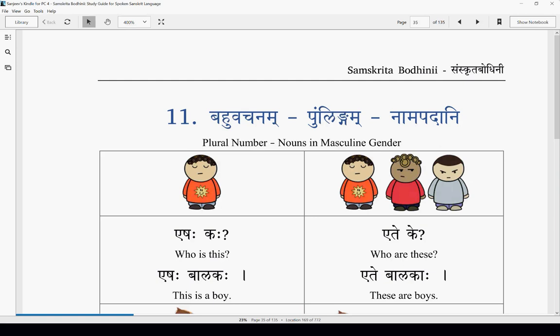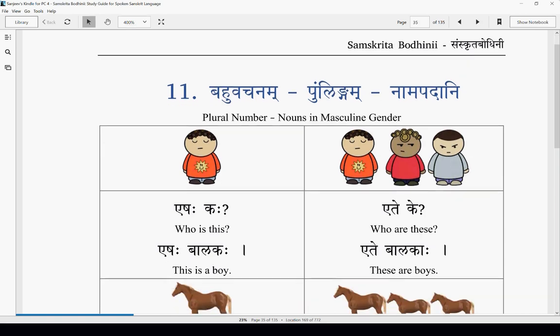As you know, there are three numbers: ekavachanam, dvivachanam, bahuvachanam. Ekavachana forms of these words we saw. Now, bahuvachana forms of some of these words we will see. On the left side, we have singular or ekavachana forms. On the right side, we have bahuvachana forms.